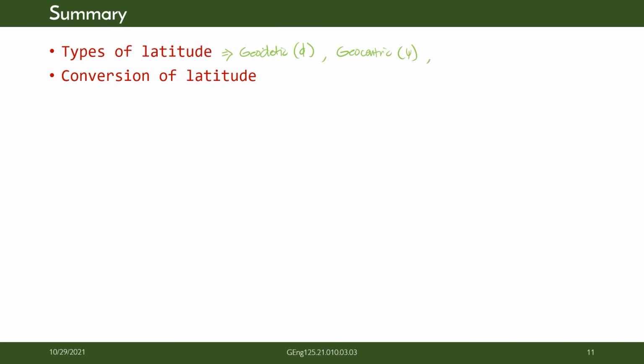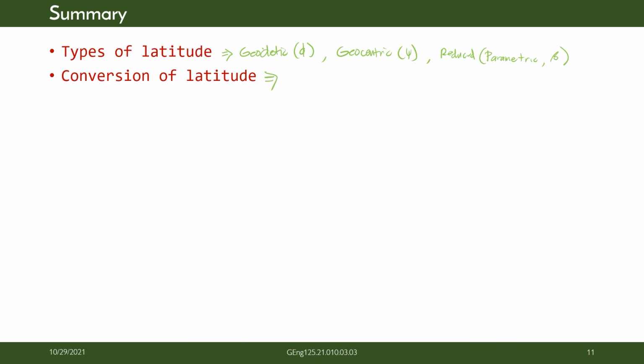And the third one is the reduced, somehow called the parametric latitude, represented by beta. Also, you are already shown how to convert latitude from one kind of latitude to another, or vice versa.